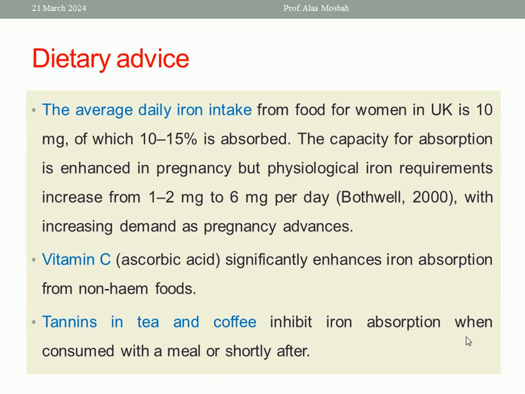So avoid the bad habit of drinking tea and coffee immediately after or during lunch or breakfast. You can delay it for 2 hours or more, because it inhibits iron absorption.